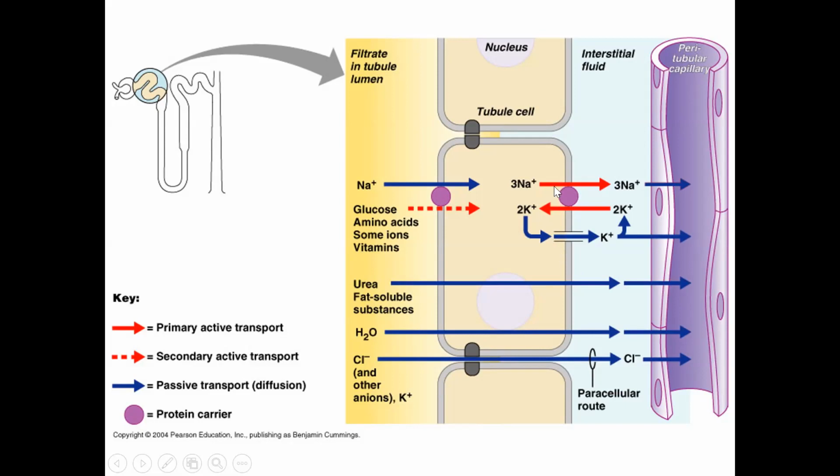Okay, so this pumping activity results in a very low sodium concentration in the cuboidal cell, and this will give a huge concentration gradient between the filtrate sodium and sodium ions inside of a cuboidal cell. So this sodium concentration gradient is the driving force to allow sodium to move from filtrate back into the cuboidal cell. This movement, the force is really strong because the concentration gradient is really big.